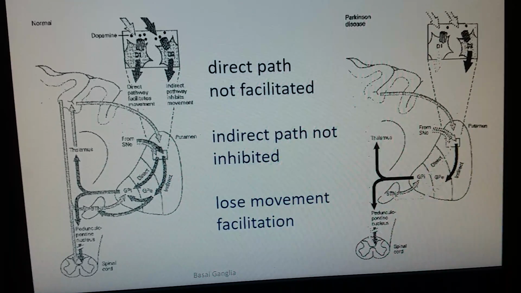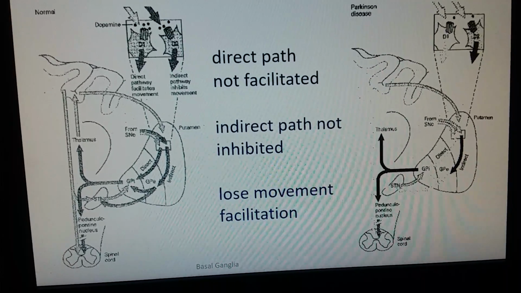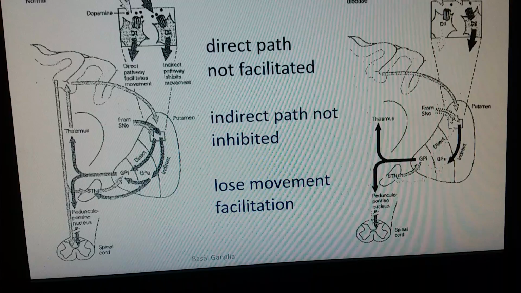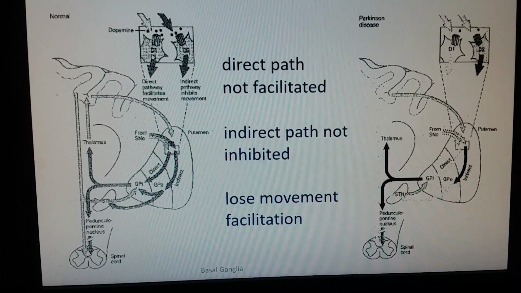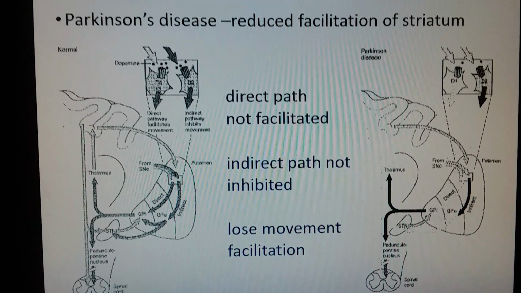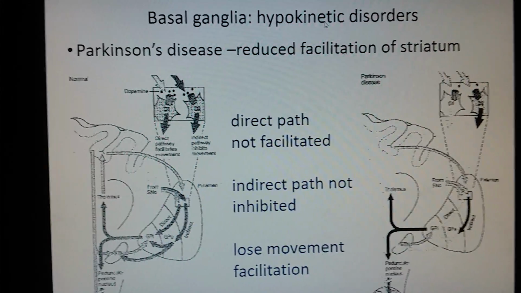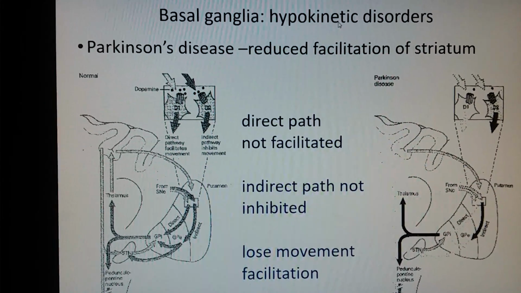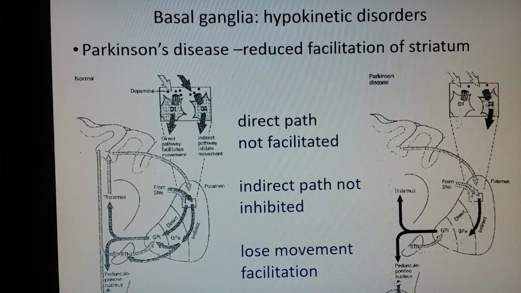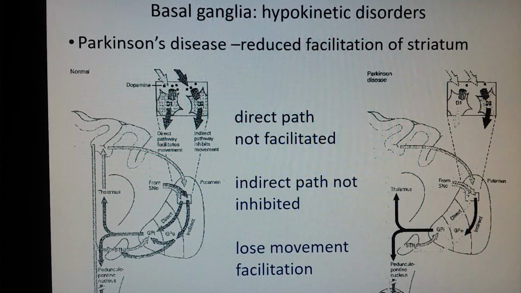And the indirect path is not inhibited. That means there's a lot of brake. So there's a whole bunch of braking and no gas. And the net result of that is you get loss of movement. You get poverty of movement, and we call that hypokinetic disorder. It is the cardinal feature of Parkinson's disease, which is hypokinesia. Okay, hypo, loss of movement.